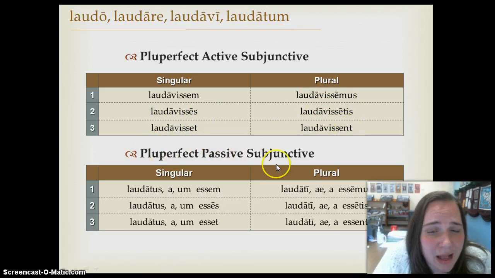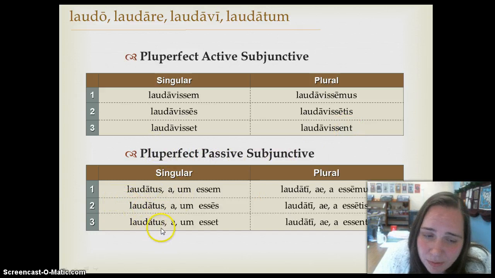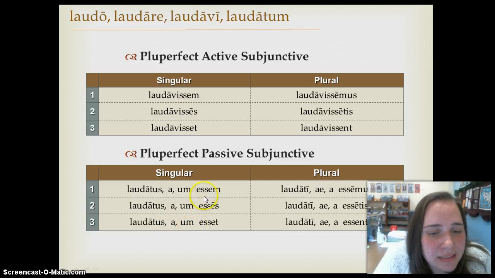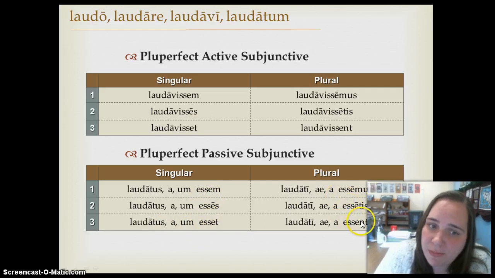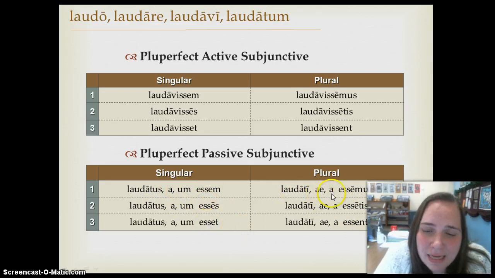And then our pluperfect passive subjunctive is going to be our fourth principal part, our perfect passive participle, plus the imperfect subjunctive of the verb to be: laudatus, laudata, laudatum essem, esses, esset; laudati, laudatae, laudata essemus, essetis, essent.